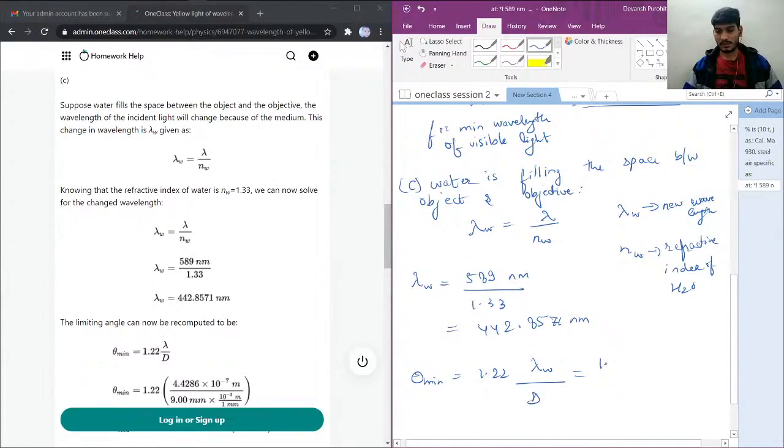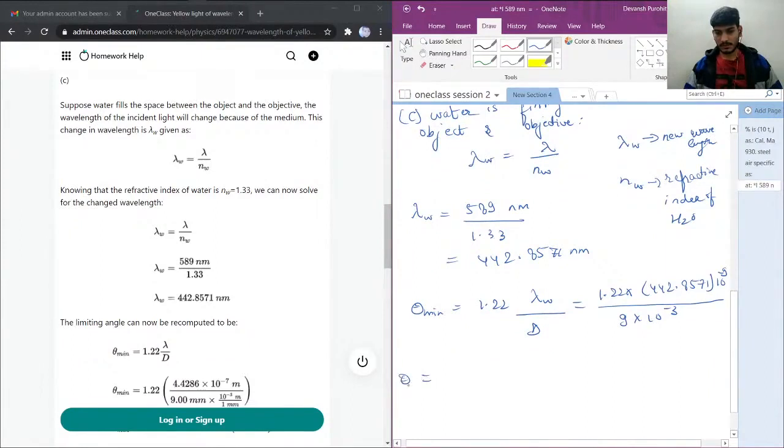So this will be 1.22 times 442.8571 times 10 power minus 9 over 9 times 10 power minus 3.